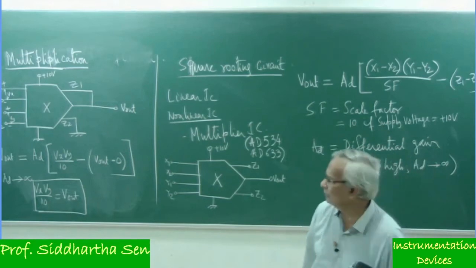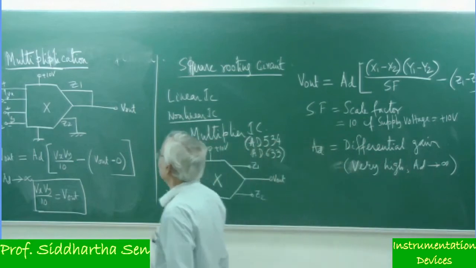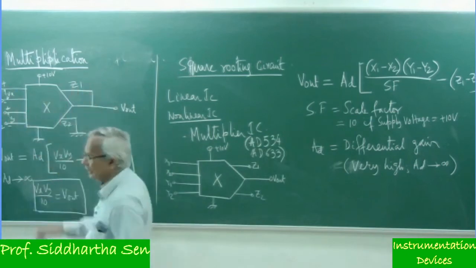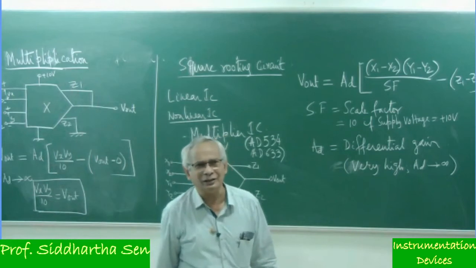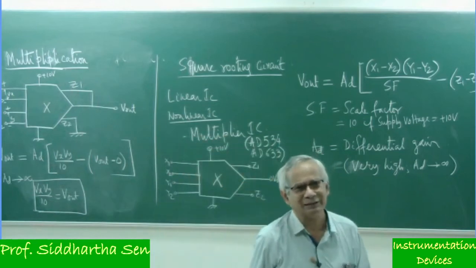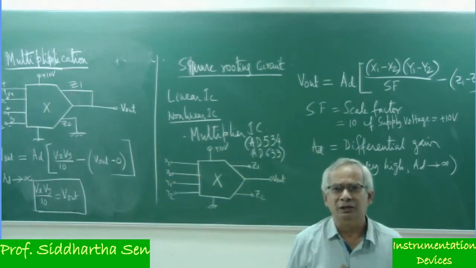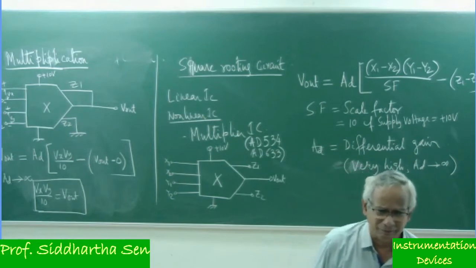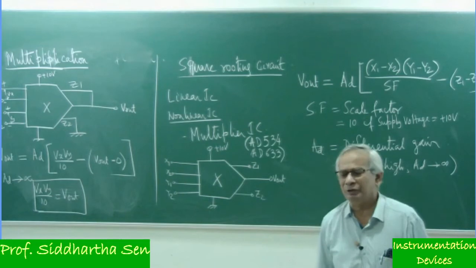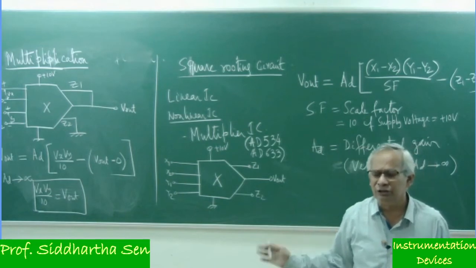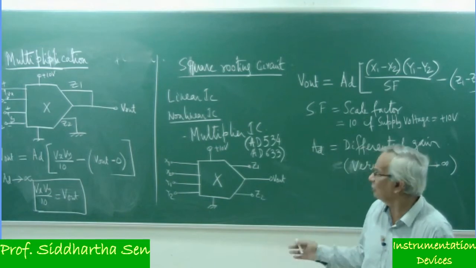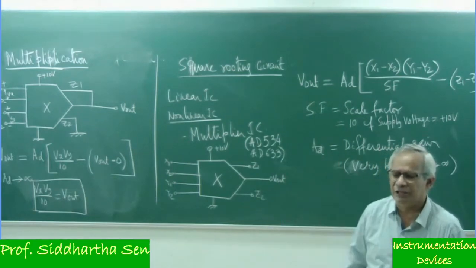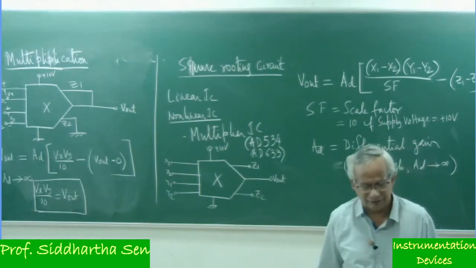If the two signals are the same, we can square a signal. And definitely, if we can square a signal, we should also be able to get the square root of a signal. Our objective is getting the square root of a signal, which would be coming out from the differential pressure sensor.